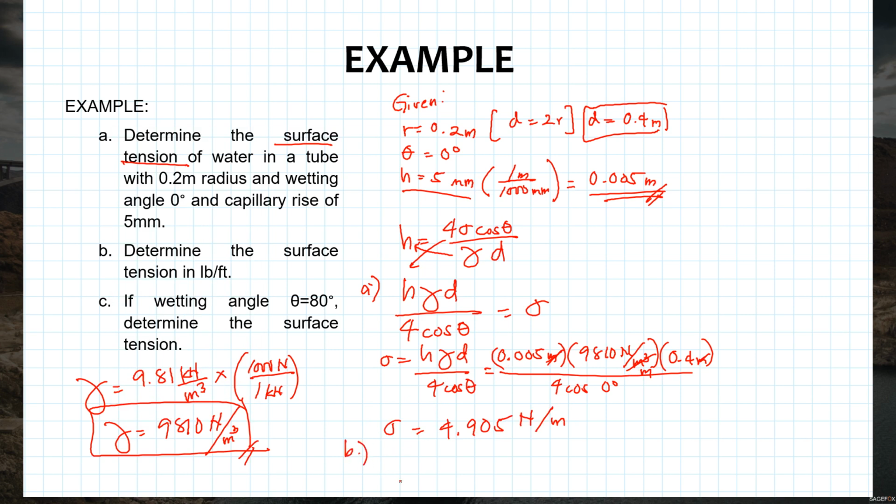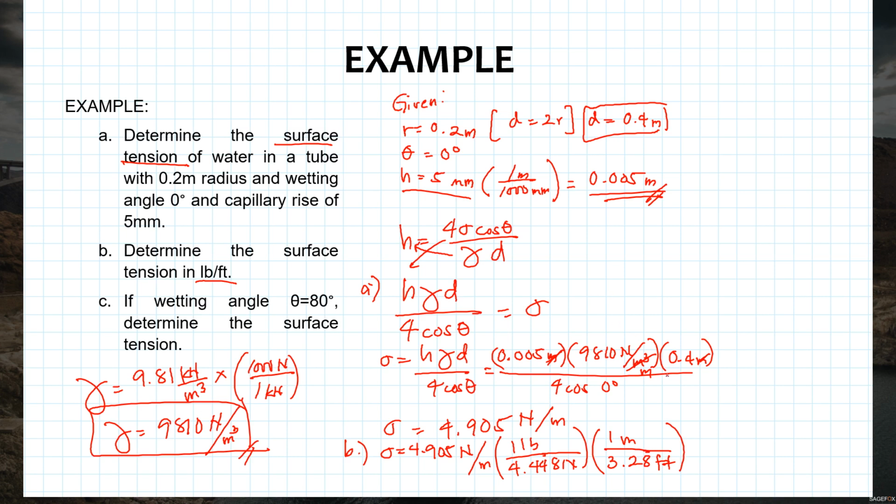Then letter B, we convert that into pound per foot. So sigma of 4.905 Newton per meter is converted to pounds. 1 pound is 4.448 newtons, while 1 meter is 3.28 feet.